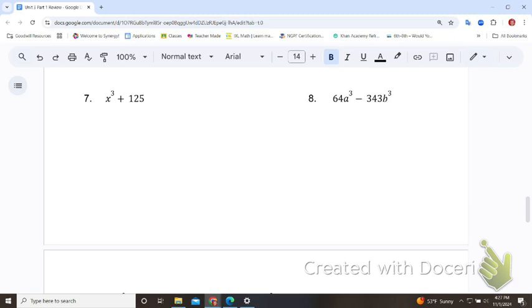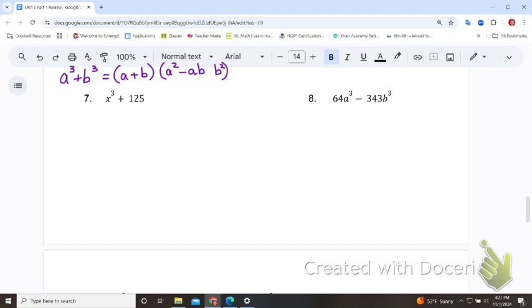You are not required to memorize it, but this is our pattern for the sum of cubes: when we factor it, we have the cube root of both of them, and that sign will match our original sign. And then we have a trinomial, and in that trinomial, we square the first, we square the last, and then in the middle, we have a combination term with a negative sign.